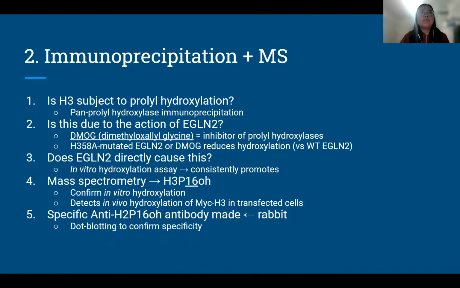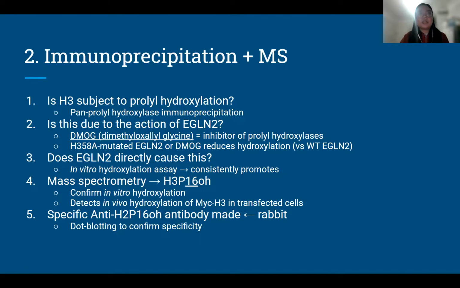What happened was that DMOG reduces hydroxylation of the H3 histone, but if there's no DMOG present, the H3 histone hydroxylation level is higher. So that means the H3 histone hydroxylation is due to the action of EGLN2.